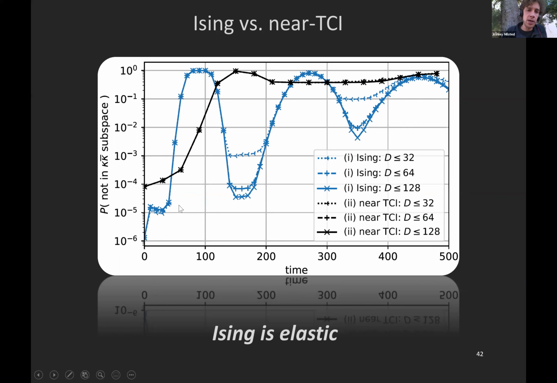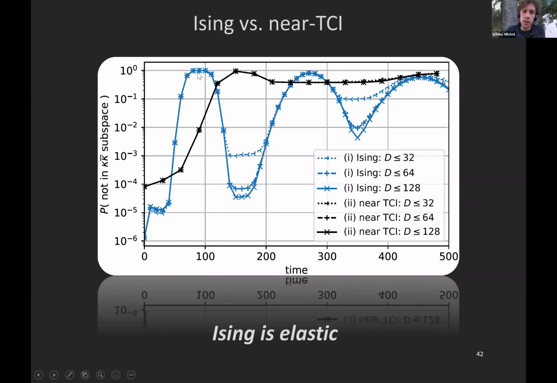So this is the probability of the state not being in the kink-antikink subspace as a function of time. The blue curve is the Ising model. In the initial state, we are, to good precision, in the kink-antikink subspace. That's how we constructed the state. So we get some small error of around 10 to the minus 5. The kink and the antikink then collide.